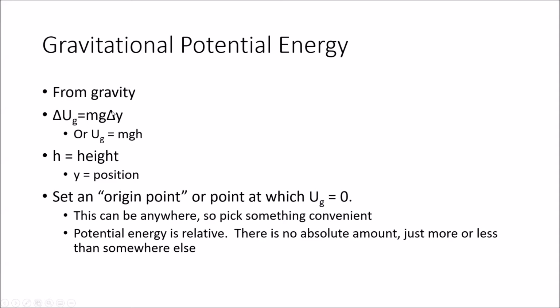If we have a positive mass and a positive change in height, if delta y is positive, that should mean that we've given something gravitational potential energy because it has more potential to fall down. If we have a positive acceleration due to gravity, then altogether we've got a positive change in gravitational potential. If we've got a negative gravity, that means that an object going up somehow lost the potential to fall down, which doesn't make much sense.